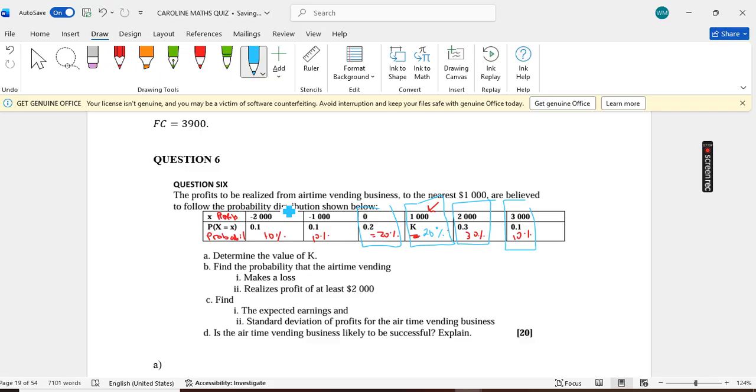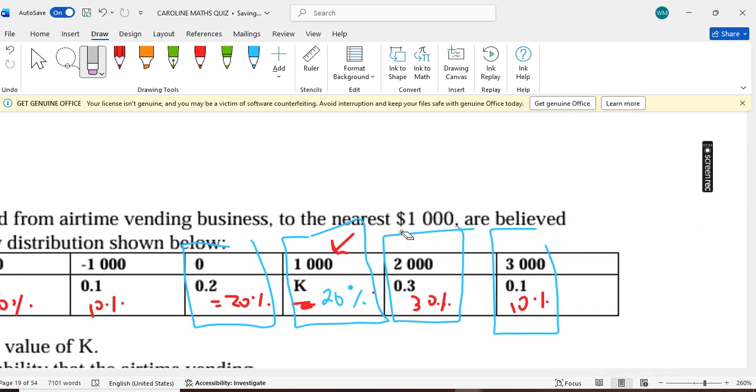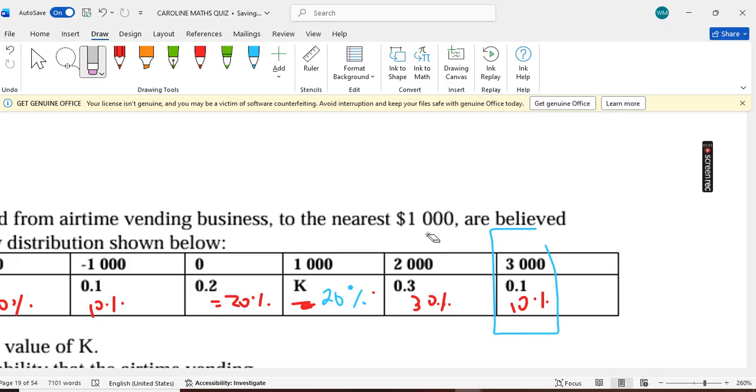The next part, what's the probability he realizes a profit of at least 2,000? So if you invest in this airtime business, what is the probability? The lowest profit you're going to make is 2,000. So you come to the table again here. We're going to look for probabilities of 2,000 and greater, because when they say at least, it means your minimum is that number.